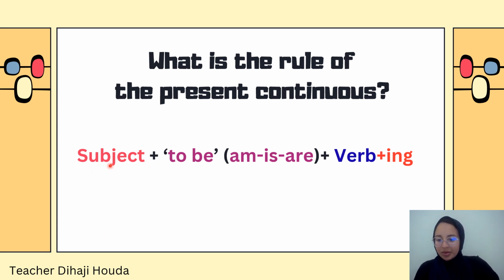We start with the subject as we usually do, and then we add the verb to be. As you can see, am, is, are. Then we add the base form of the verb plus ing. We will understand that well with the examples.